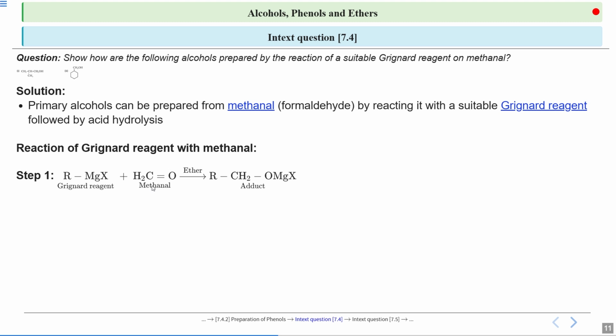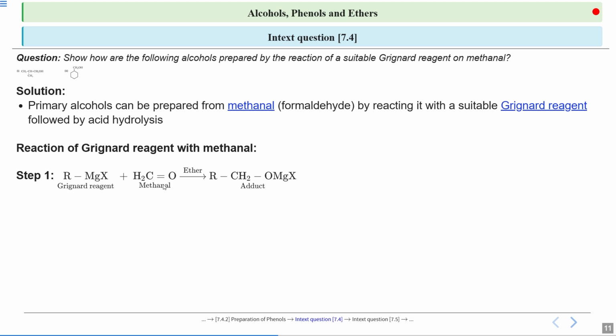Here we have a carbonyl group, C double bond O, with two hydrogens attached. Now you know this oxygen is more electronegative, so it will withdraw electron density from this carbon. So this oxygen will develop a partial negative charge and this carbon will develop a partial positive charge.